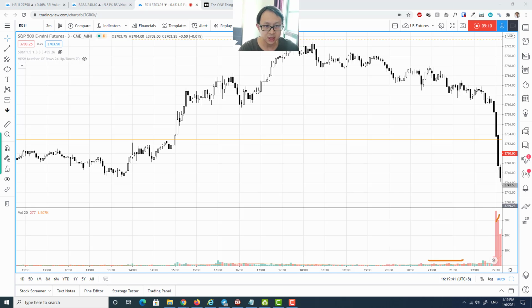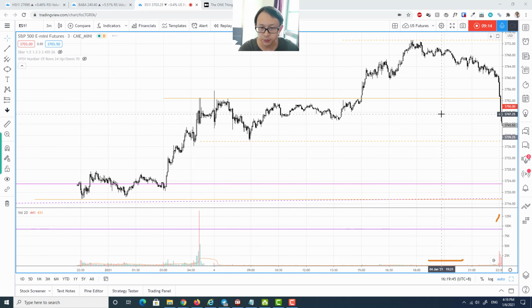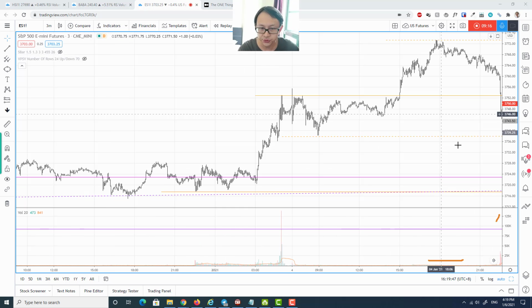So what I would like to do, first of all, is compare it with the past few trading sessions at the same time. You can see that this is the first few candles, and if you compare it to the first few candles right there, it's definitely a lot lower. But you might be wondering, hey Ming, I thought we were in a holiday season.